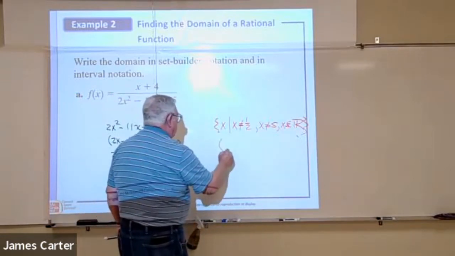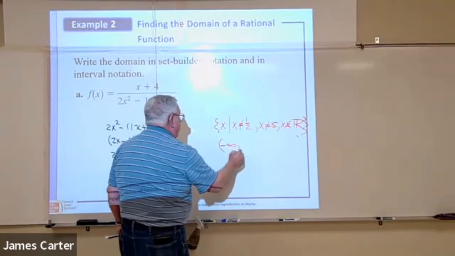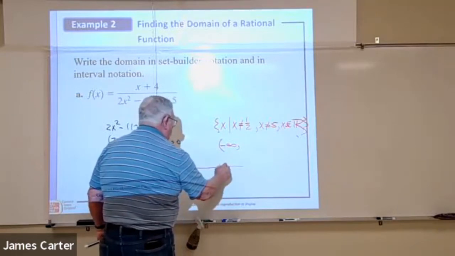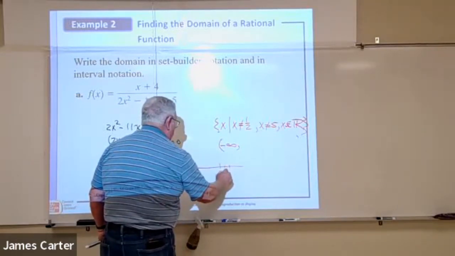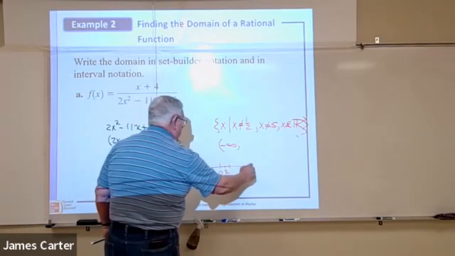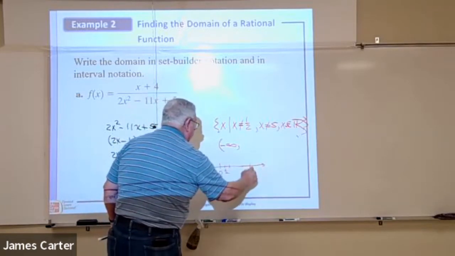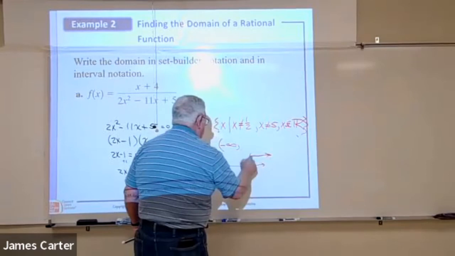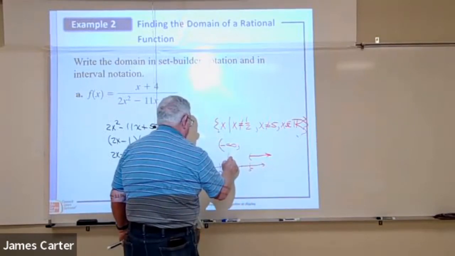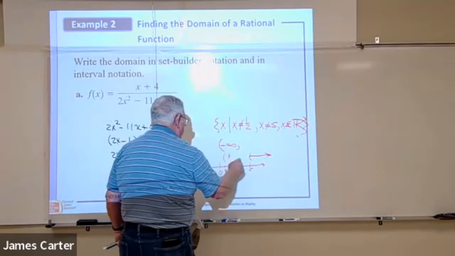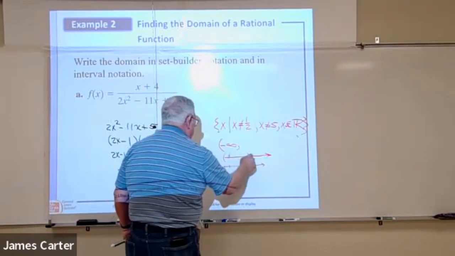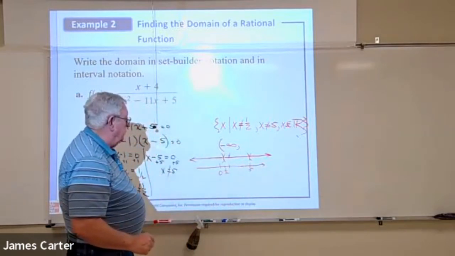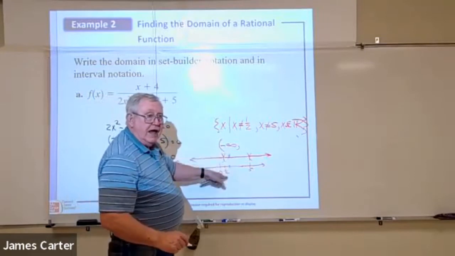For interval notation, we're going to start at -infinity, and if we look at this thing in a graph, here's 0, here's 1/2, and somewhere out here is 5. Okay, we got a gap at 1/2.